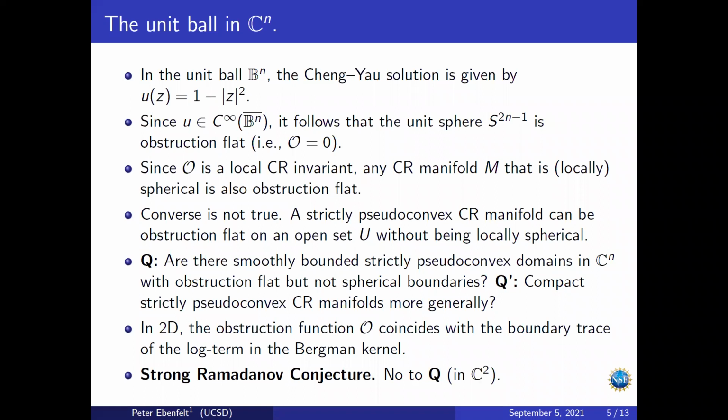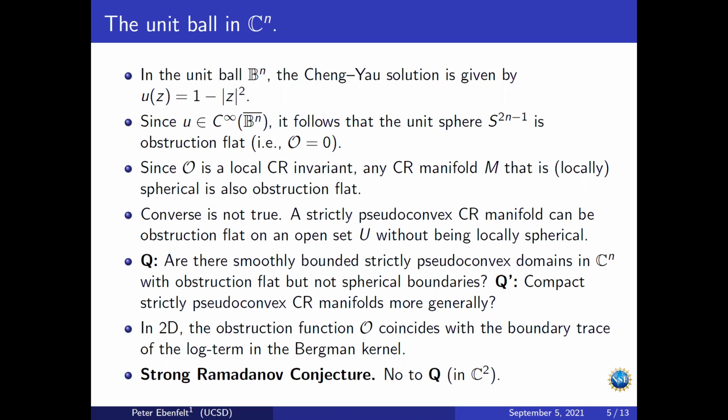That would be saying that even if only the trace of the log term of the Bergman kernel vanishes, then it has to be spherical. And of course, I would say the general conjecture in higher dimensions to Q is that the answer is still no. But I don't want to call it the strong Ramadanov conjecture because it's less obviously related to the classical Ramadanov conjecture.